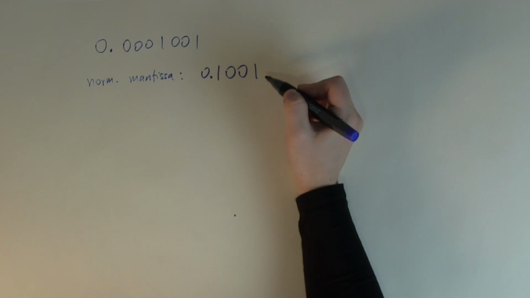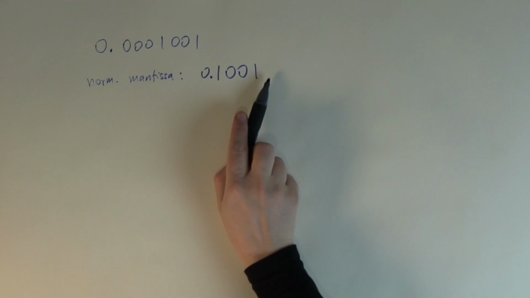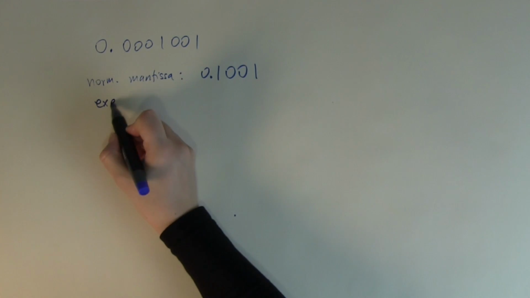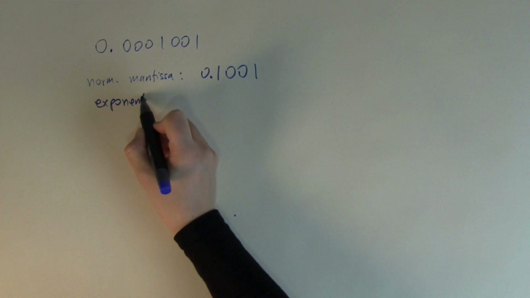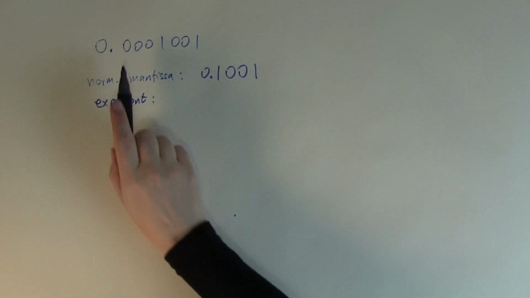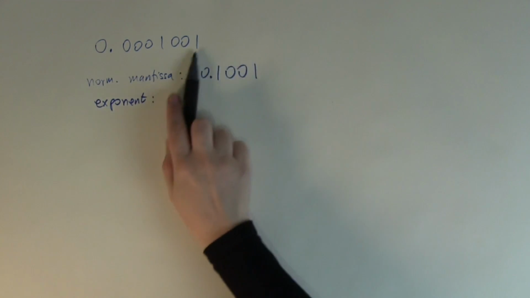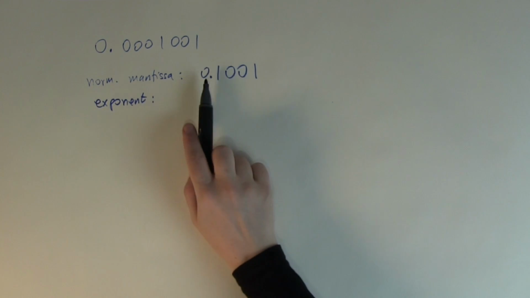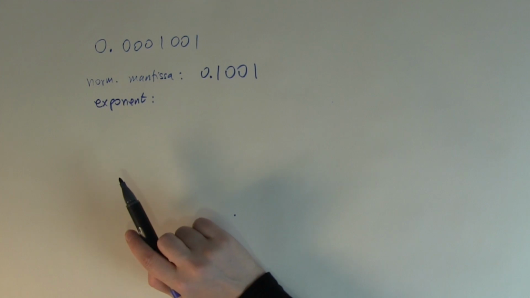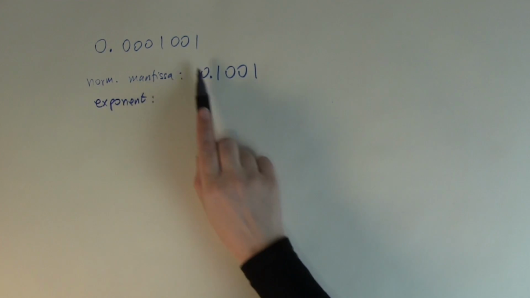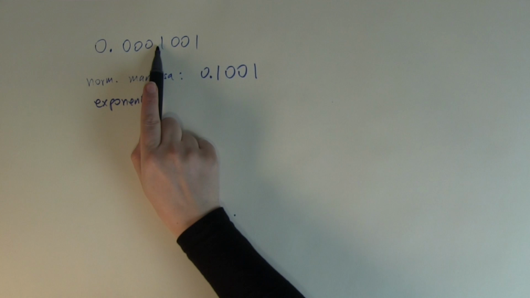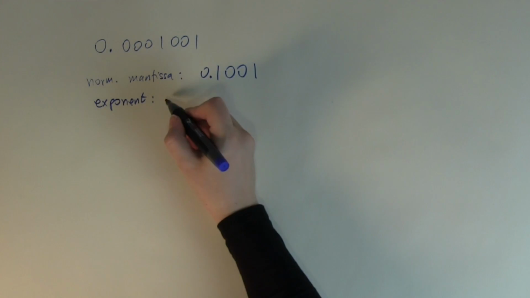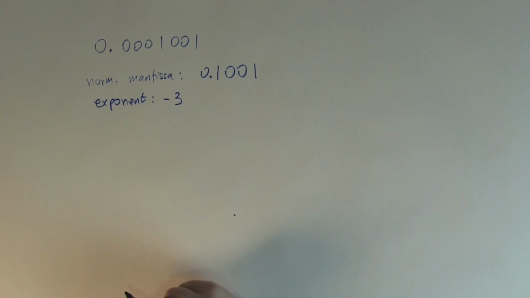In this specific case, I have enough space, so there is no truncation error, but I still need to find the exponent. So the exponent, remember, this is what the computer is given. You need to tell the computer to go back to the original number. So how would the computer go back from this to the original number? It was here. It needs to go 3 places to the negative direction, so that will be -3.